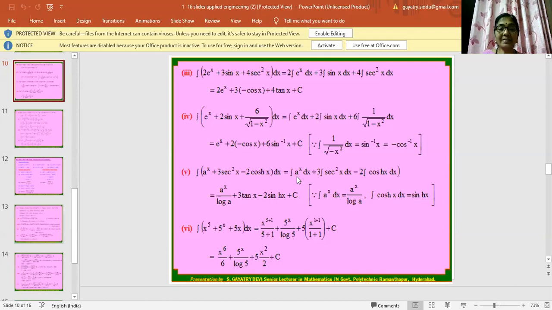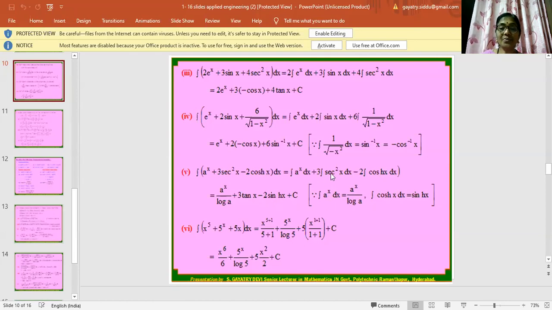The a power x integration form is a power x by log a, and integral cos hx is sin hx. So a power x by log a plus 3 into integral secant square, which is tan x, and cos hx integration is sin hx.